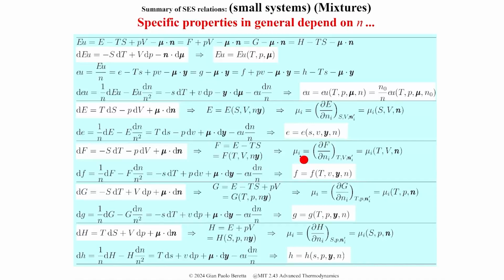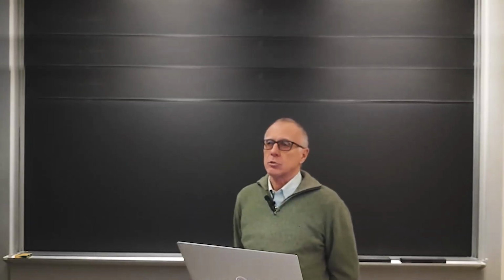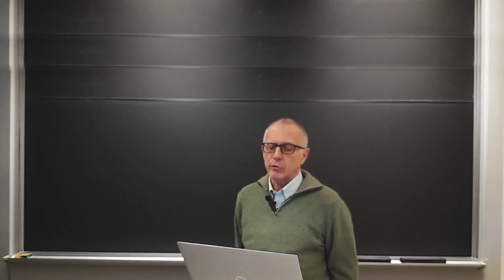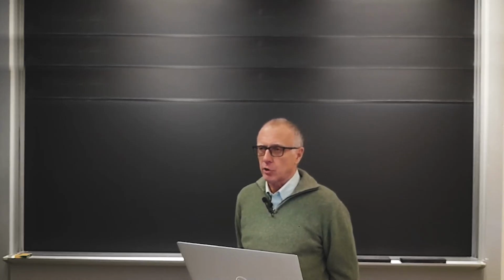So here is a dense summary of things that we have seen. You remember we defined these characteristic functions, starting from the fundamental relation of the stable equilibrium states and performing the Legendre transform of some of its variables or all of its variables.